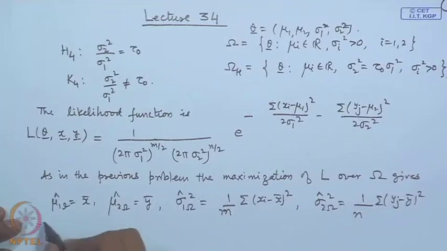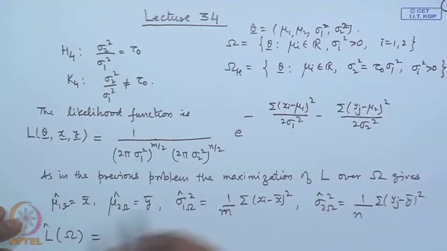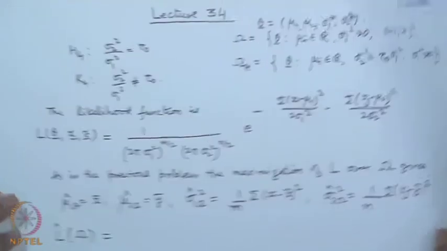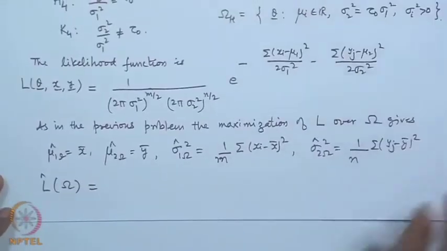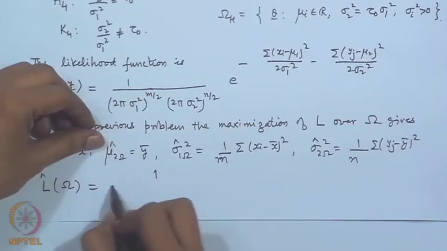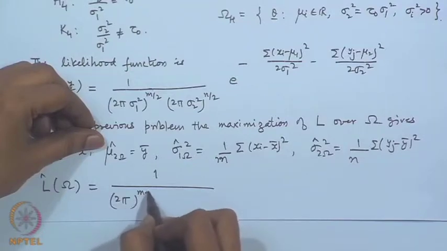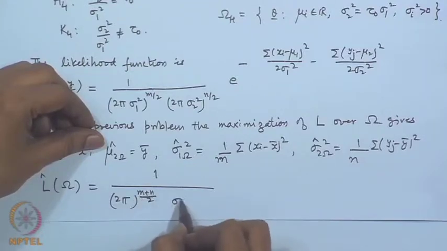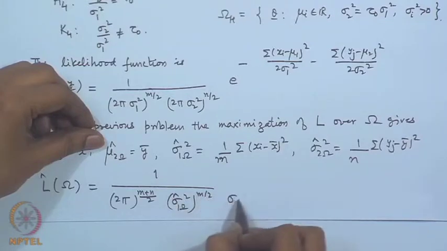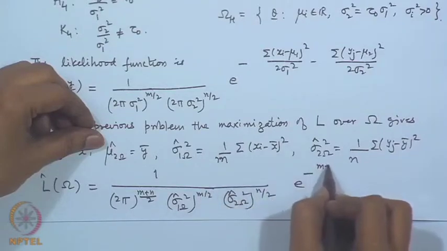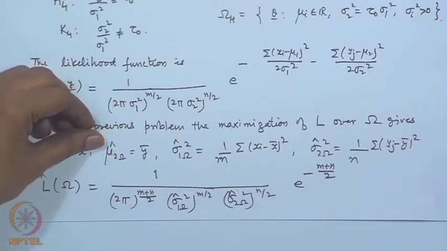As a consequence, L hat omega is given by 1 by 2 pi to the power m plus n by 2, sigma 1 omega hat square to the power m by 2, sigma 2 omega hat square to the power n by 2, e to the power minus m plus n by 2.